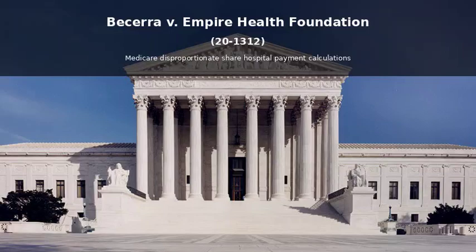Are you saying anything more than the purpose is to give you money and your interpretation gives you more money? Are you saying anything more than that? I am saying something more than that, Your Honor. I'm saying that the purpose, as this Court held in Alina, was to, and this Court used the word incentivize, to provide the resources and incentive to treat indigent patients.